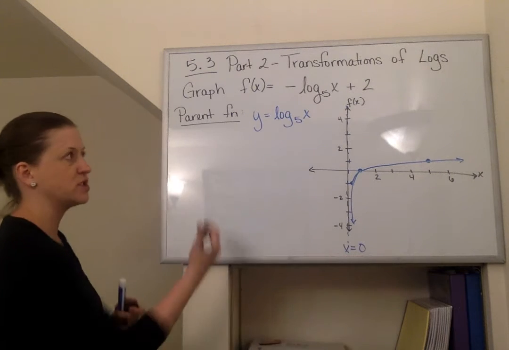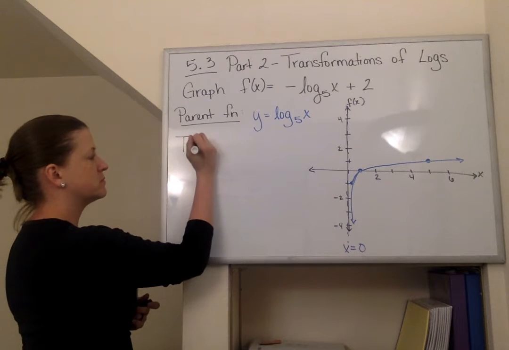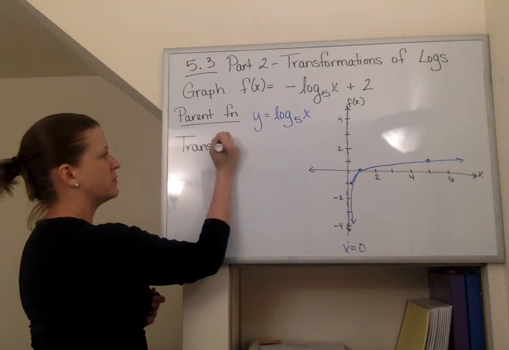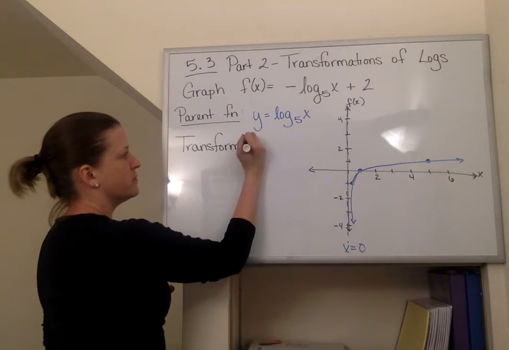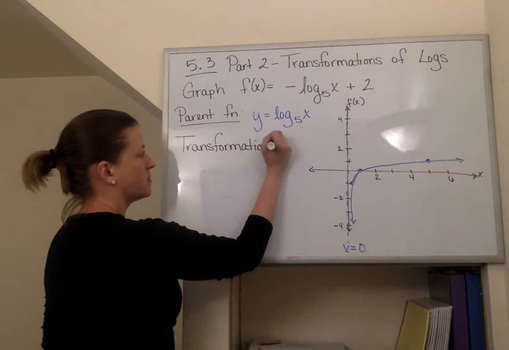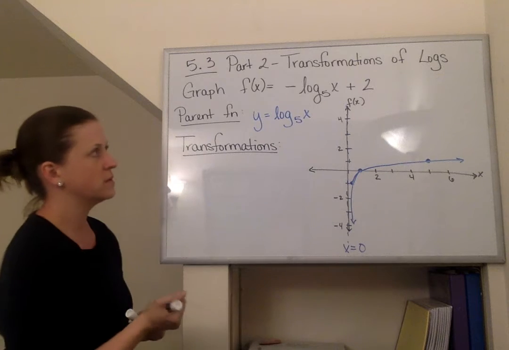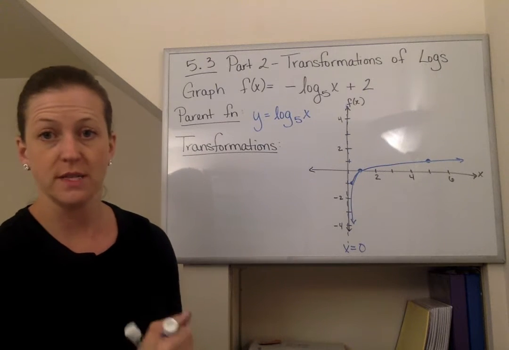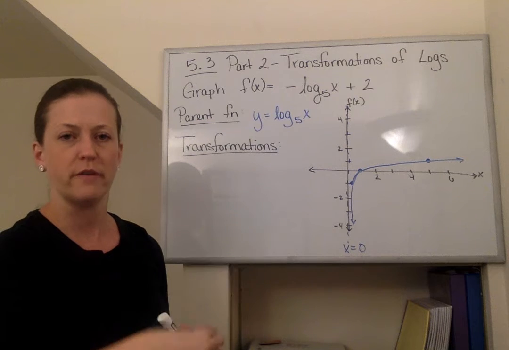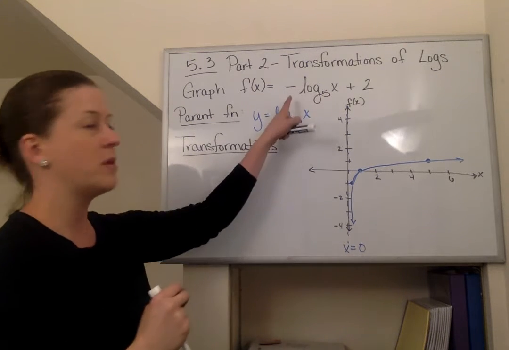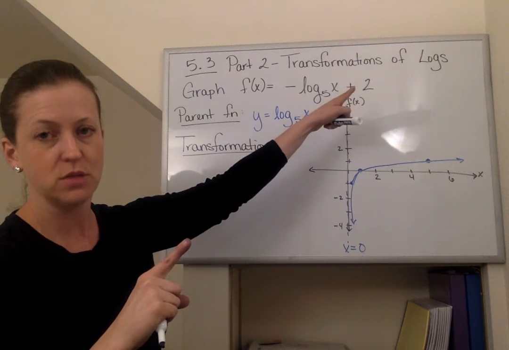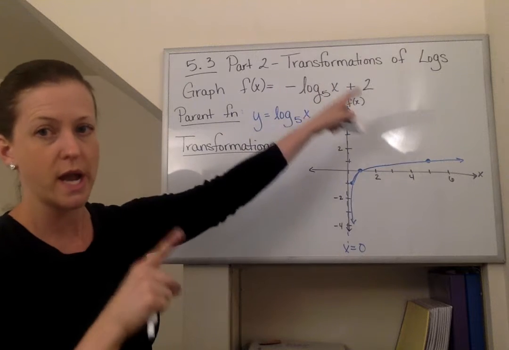Okay, so then what are our transformations? Okay, so first of all, there's a negative. Remember, I always go through my order of operations. So like, I'm going to do the negative before I add the 2 because I always multiply before I add.